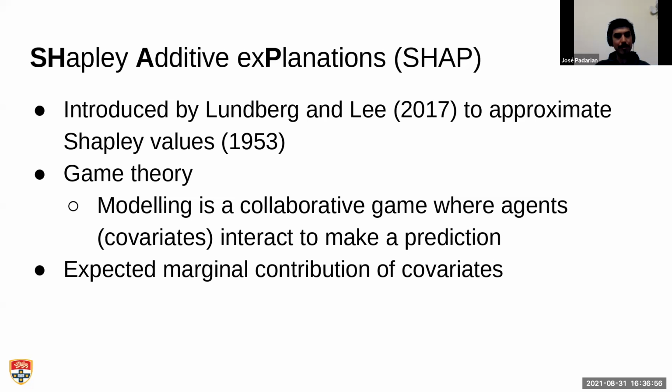That's based in game theory, where you can think of each covariate, or agent, as interacting to make a prediction and win the game, which is to predict with the lowest error. With this, we can get an idea of the marginal contribution of each covariate, each predictor, to the model.